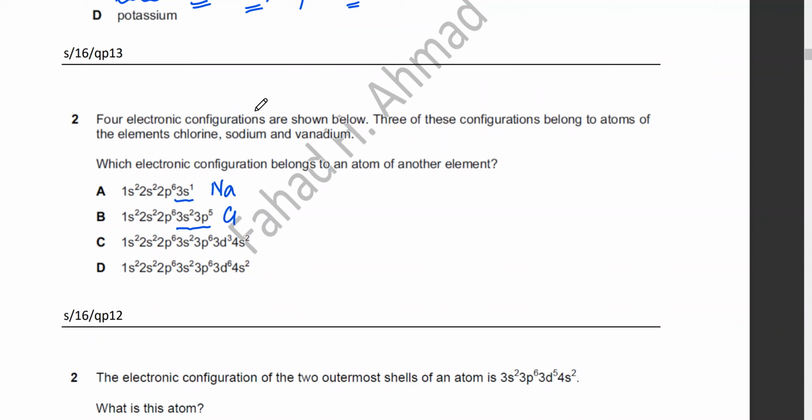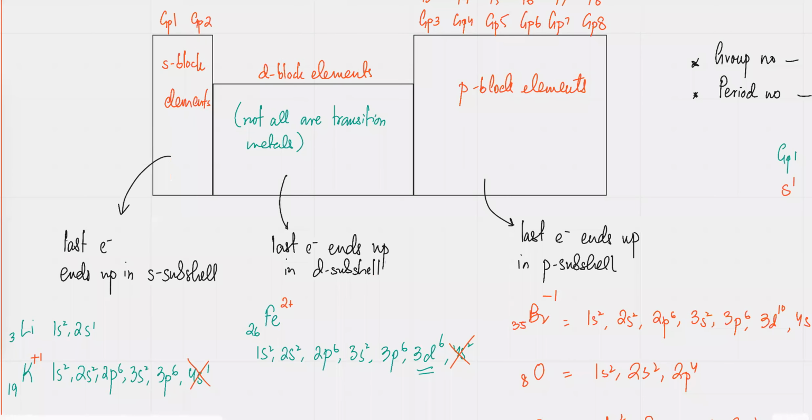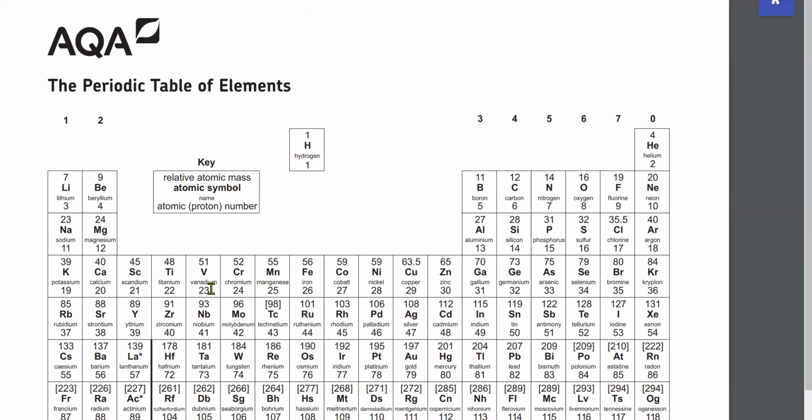Now you're left with vanadium as well. So you just have to figure out the electronic configuration of vanadium. Vanadium in the periodic table is 23.